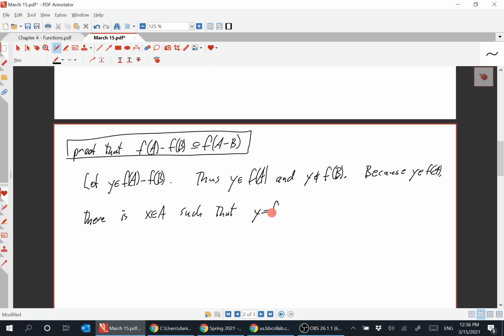So we're just looking at the fact that y is an element of the image of A here, and that tells us there is an x in A such that y is f of x. However, y is not in the image of B. Because y is not in the image of B, what must also be true about x?